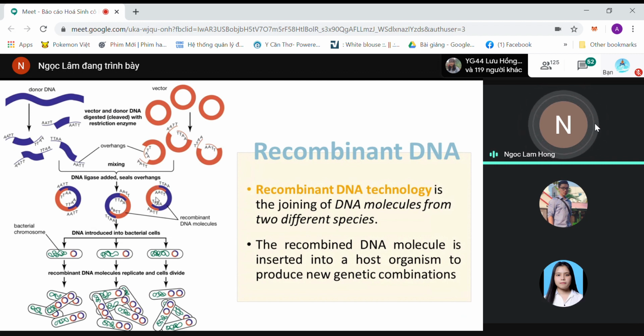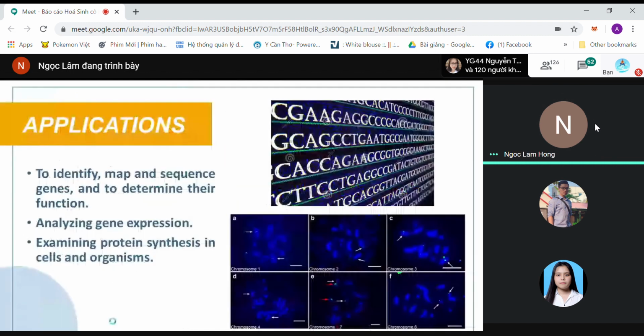The recombined DNA molecule is inserted into a host organism, and in this image, the host organism is bacterial cells, to produce more and new genetic combinations. And about applications, it is used to identify, map, and sequence genes and to determine their functions, or analyze gene expression, or examine protein synthesis in cells and organisms.